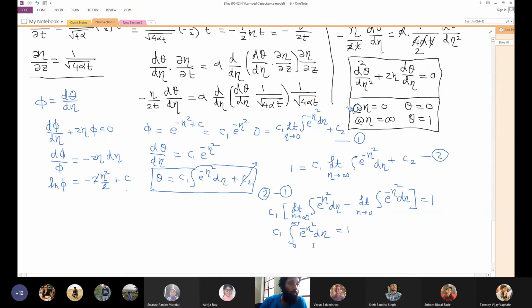Or we can write c1 equals to 1 by integration 0 to infinity e to the power minus eta square d eta. So that gives us c1.